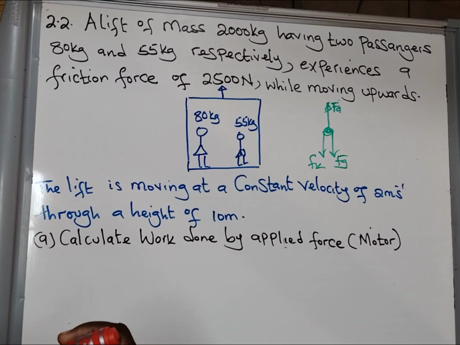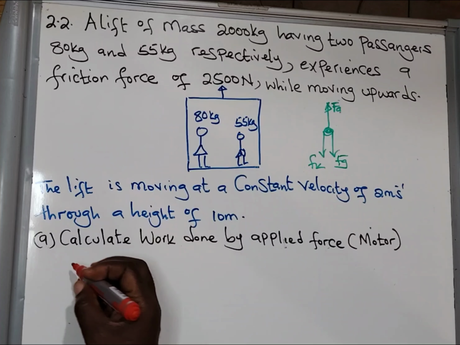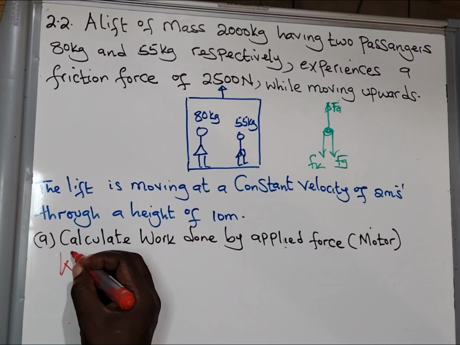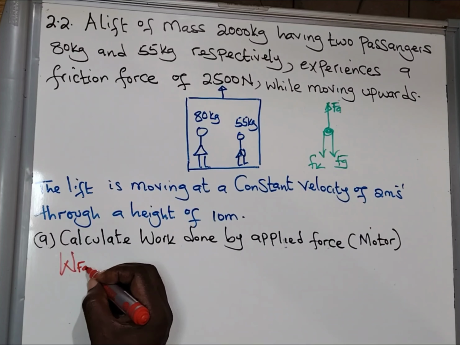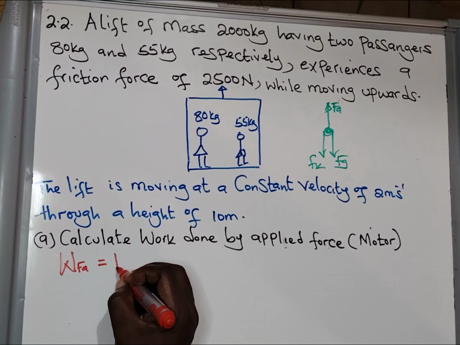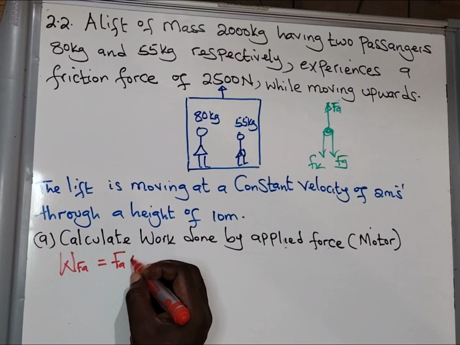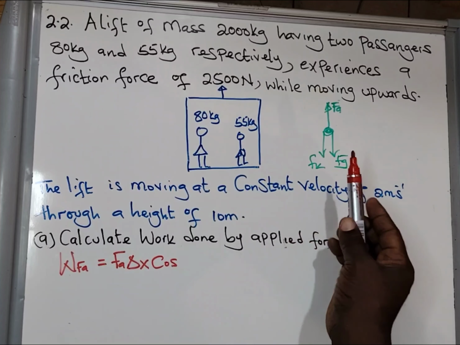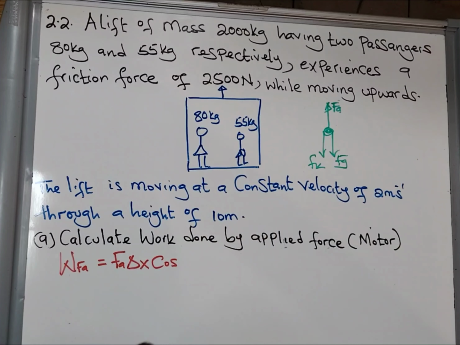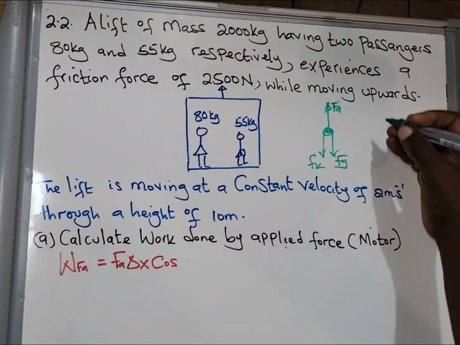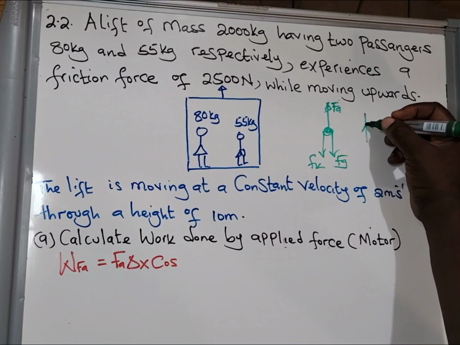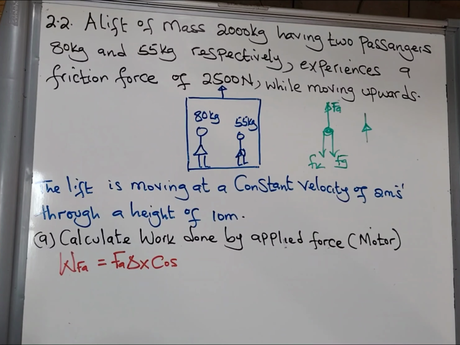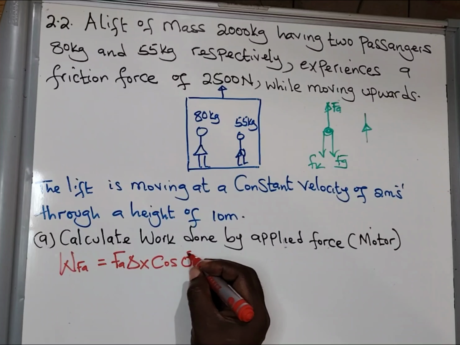Here, we know that work done by the applied force is equal to applied force times delta x times cos of what angle? We have to remember that this lift is going upwards in the same direction as the applied force, which means we have cos 0 degrees.